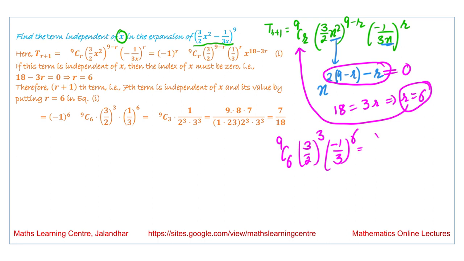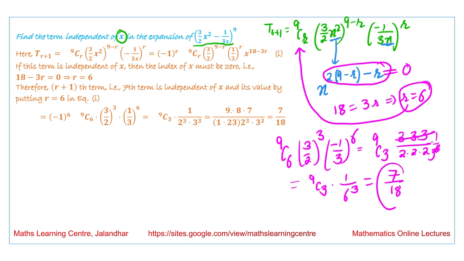So this is equal to 9C3 into (3 into 3 into 3) divided by (2 into 2 into 2), and we have over here 1/3 raised to the power 6, these terms get cancelled, we are left with 3 power over here. So we get 9C3 into (1/6)^3, and when we solve this we will get the answer, it is 7/80. This is the term independent of x.